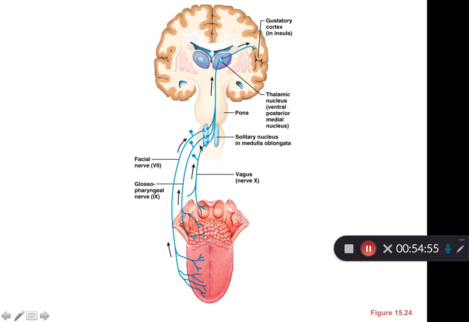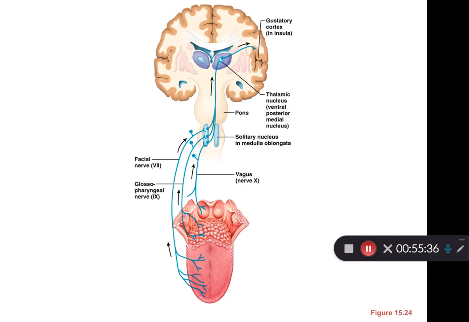The neurons of these cranial nerves send their fibers to synapse at the solitary nucleus in the medulla oblongata. At this level, the nerve will cross to the collateral side of the brainstem.